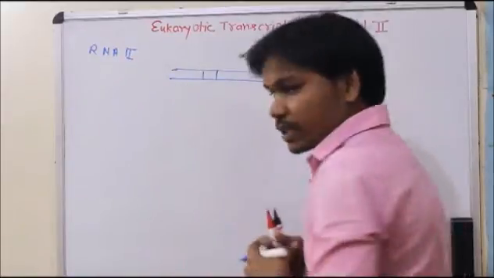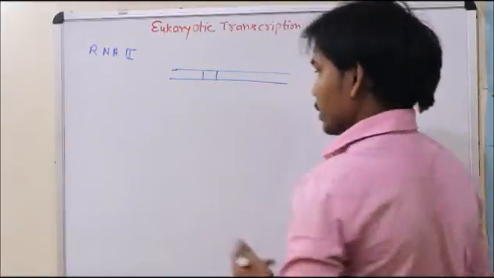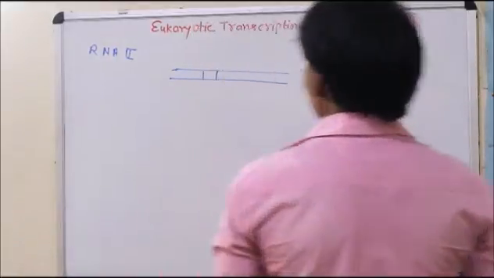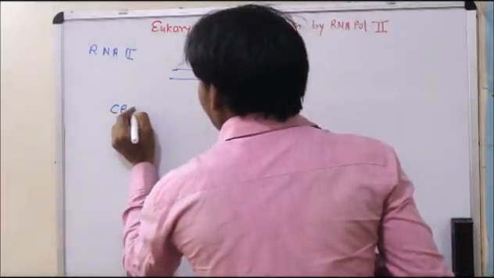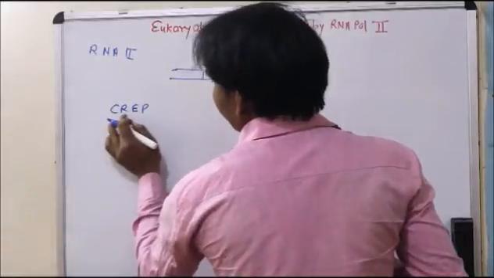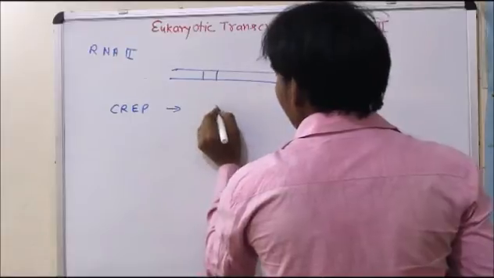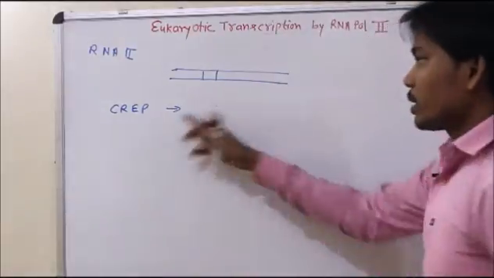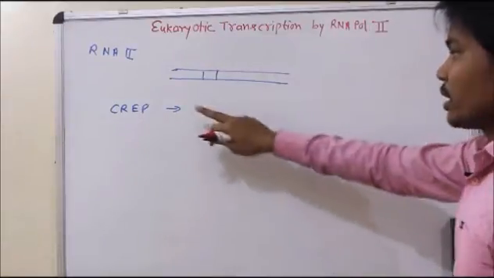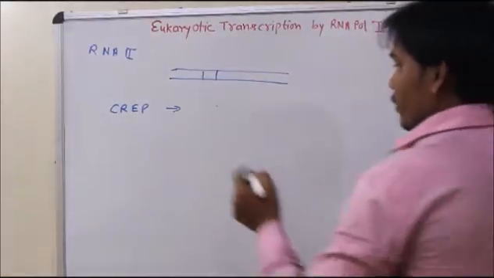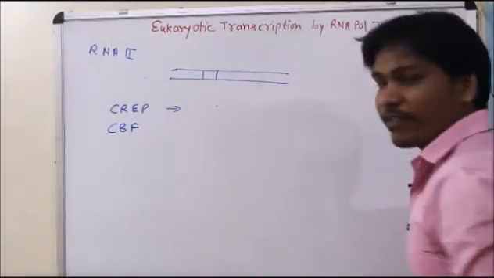So what are transcription factors and what is a trans-regulatory element? Trans-regulatory elements include cyclic AMP response element binding proteins, which bind to the cyclic AMP response element sequences, and another called CBF, CAAT binding factors.